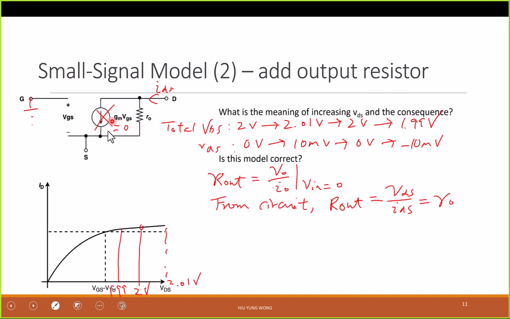And from there, we just need to have a very simple model like this: a linear voltage-controlled current source. By using this one, then we can ignore the DC. But gm and r0 actually depend on the DC bias. And then from here, we just play with this small signal, 10 millivolts, negative 10 millivolts. It's okay to have a negative value, because a negative value is just saying that the total voltage is less than the biasing point.